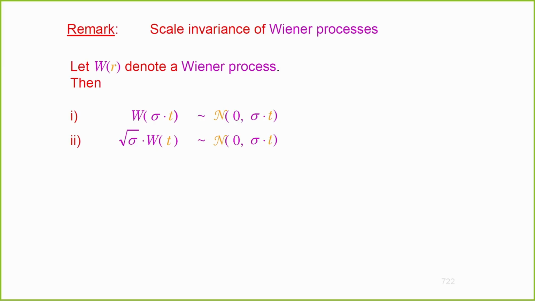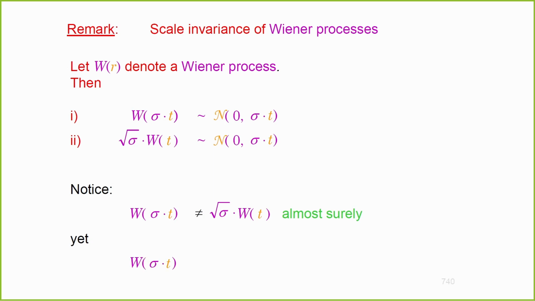Now, just because two random variables have the same distributions, it doesn't necessarily mean that they're equal. They're actually not, at least not almost surely. I mean, almost surely not, that would be the correct way of expressing it. Yet they have the same distribution. If two random variables have the same distribution, I'm going to denote this by using this tilde sign here.